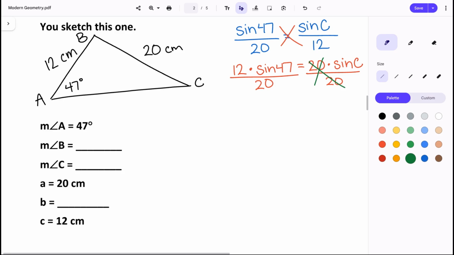Okay, what are you guys getting? 26. Whoa, what? 29? 26? 26? Is 26 the majority? I have 26 written down. Let me see. Did you round your decimal when you typed it in? No? Oh, sorry.